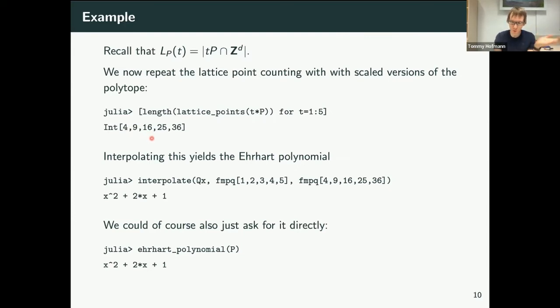Now we know the Ehrhart polynomial interpolates these values. So let's just interpolate these values and find a polynomial. Okay, so we interpolate. This is the polynomial ring over Q. These are the x coordinates and these are the values, and we get (x+1)^2 as we expected. So it gets better and better.